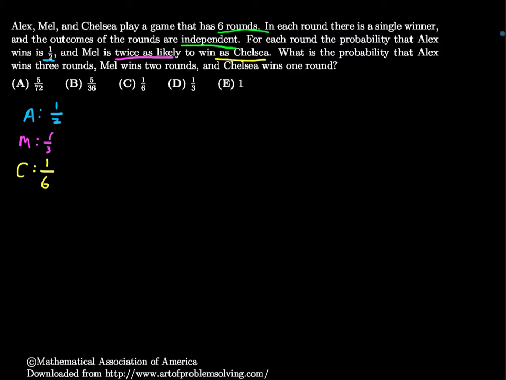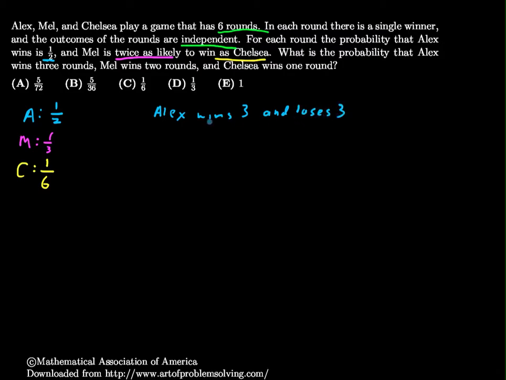Okay, so here's how we go about this. We have 6 rounds, and first I'm going to make sure that Alex wins 3. That's what we want to have first. So Alex wins 3, which means he also loses 3.